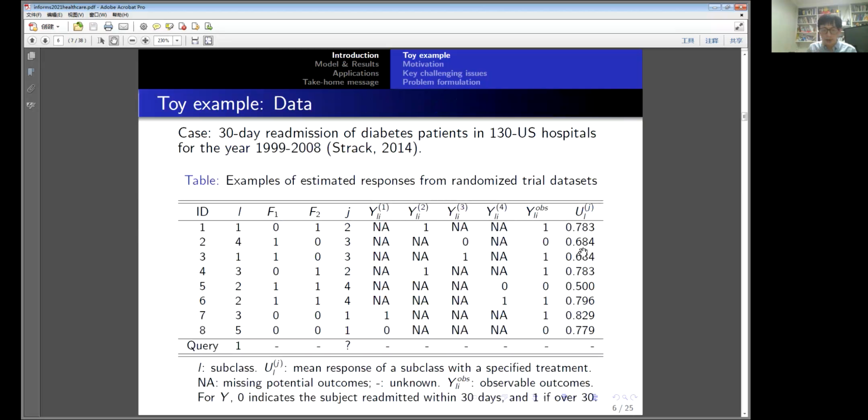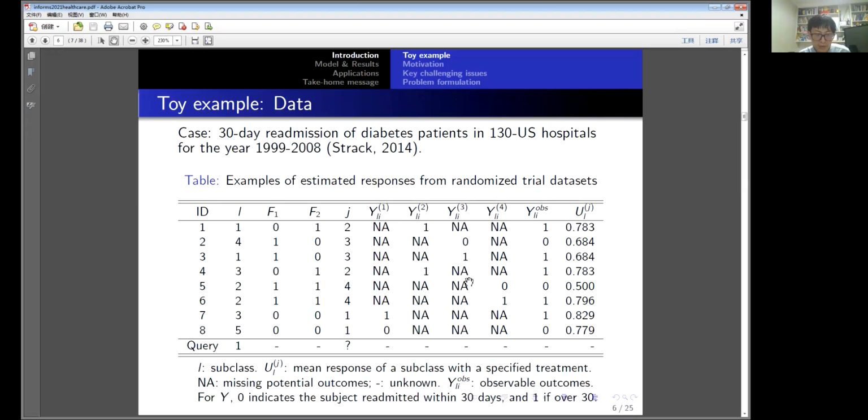With those ages, we can divide the patients into 5 subclasses. In this table, in the second column, A stands for the subclass. The U stands for the mean response of a subclass with a specified treatment.